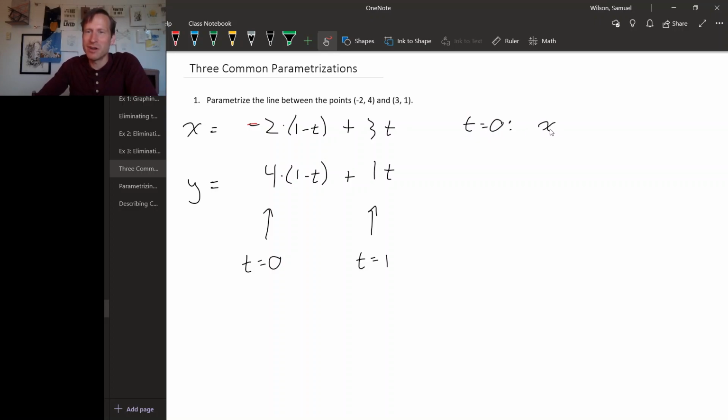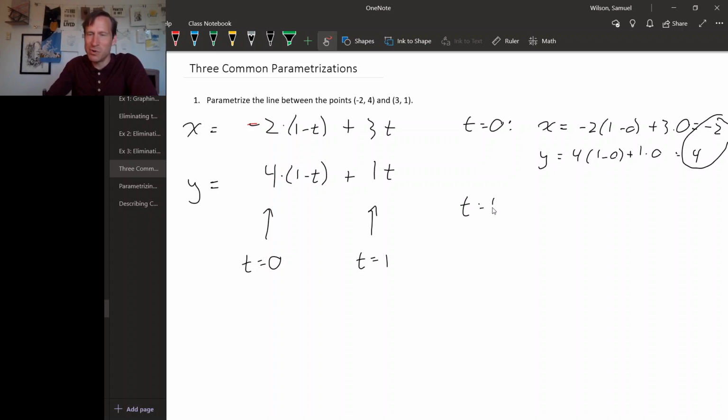When t equals 0, x is -2 times 1 minus 0 plus 3 times 0. And that is -2, which is what it was supposed to be. And y is 4 times 1 minus 0 plus 1 times 0, and that's 4. So when t is 0, we're at our initial point.